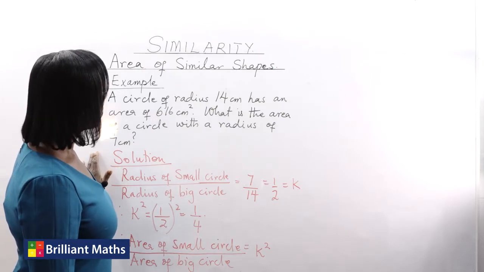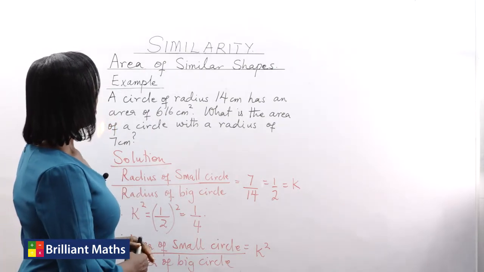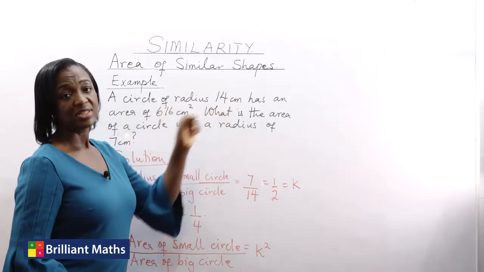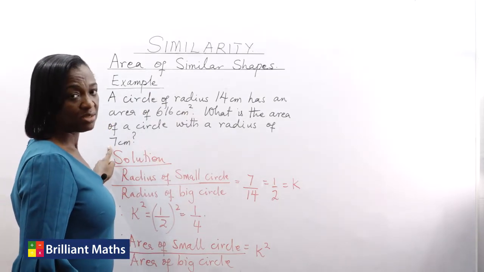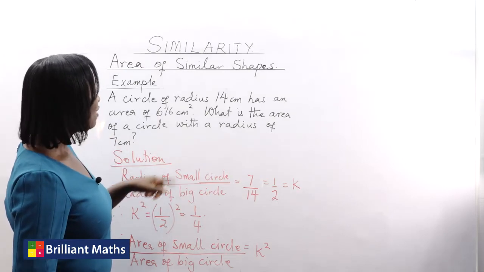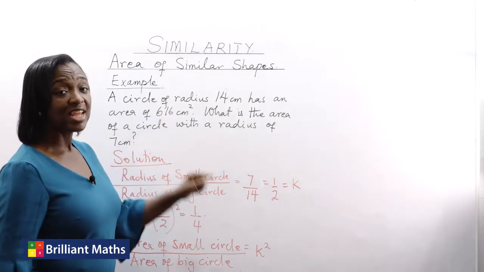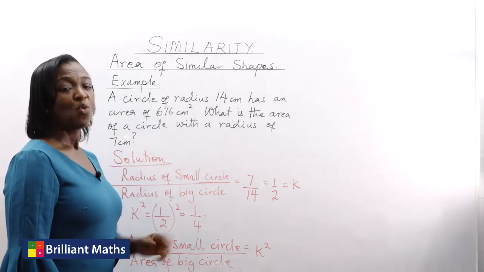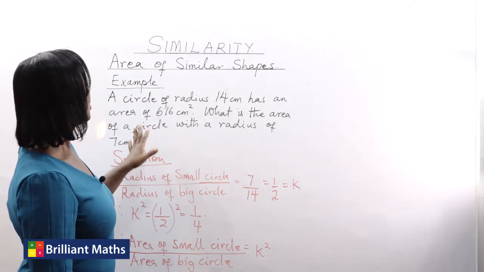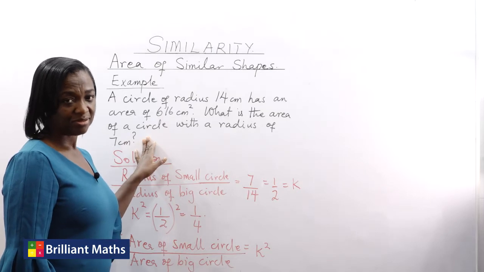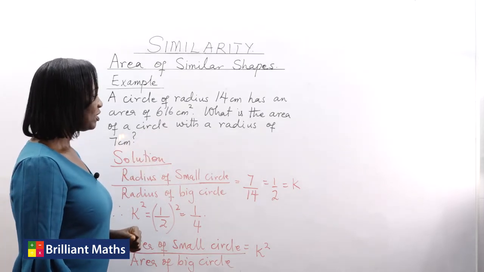So from this question, we can see that the radius of the big circle is 14 centimeters, and the radius of the smaller circle is 7 centimeters. The area of the big circle is 616 centimeters squared. We want to find the area of the smaller circle. How do we do that?